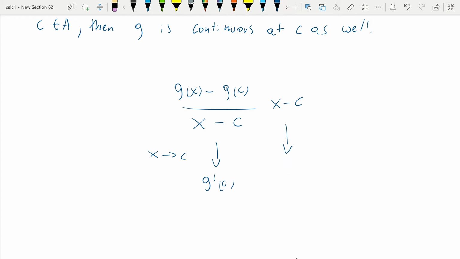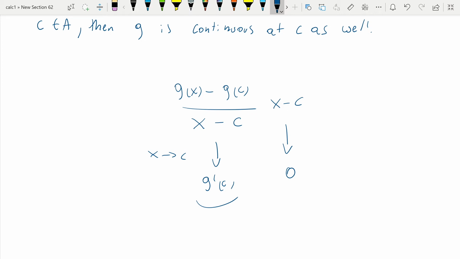So by the squeeze theorem, this is bounded. This is just a constant. So these quotients are going to be within, say, 2 times g prime of c and 1/2 g prime of c, if g prime of c is not 0. Otherwise, of course, everything is going to 0.